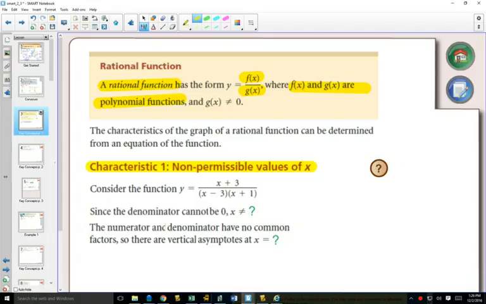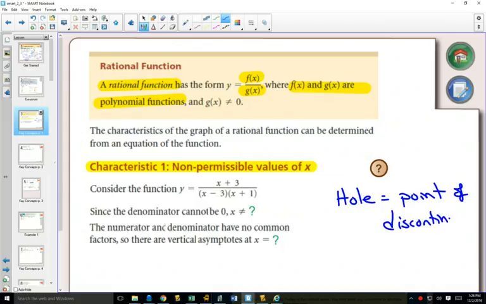Again, off to the side, just so that we have it in our notes, another word for a hole is a point of discontinuity. Can we just continue calling it that?